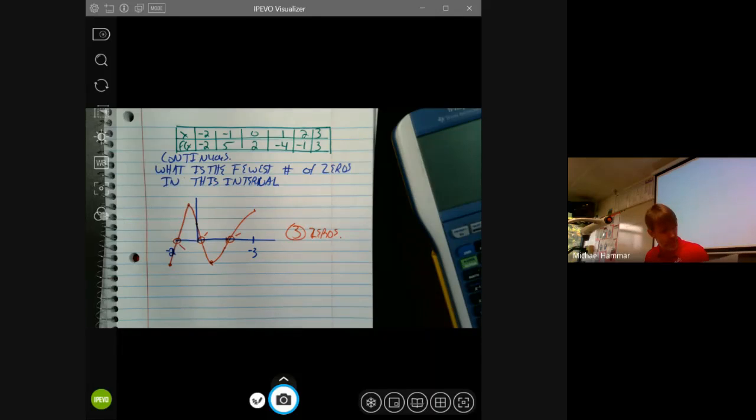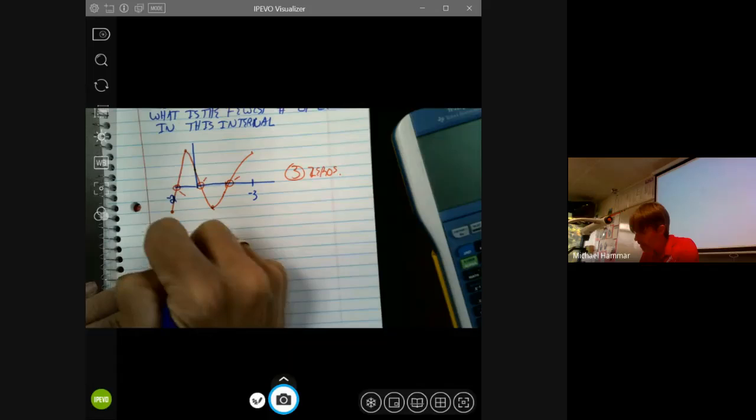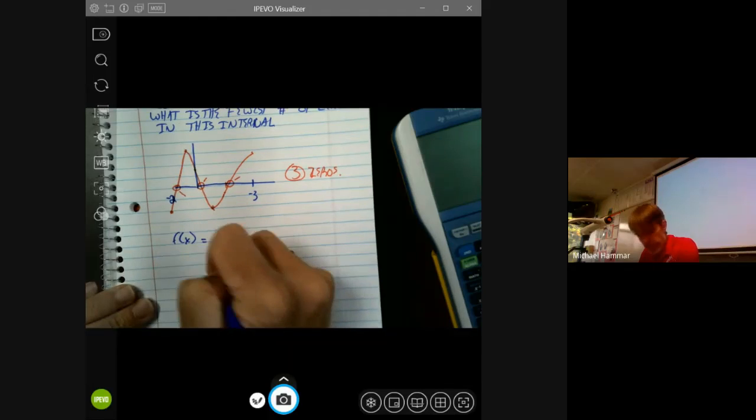The final thing that I would like to do with you is go through a question that involves a piecewise function, okay? So I'm going to give you this function, and I'm going to say f of x equals this.